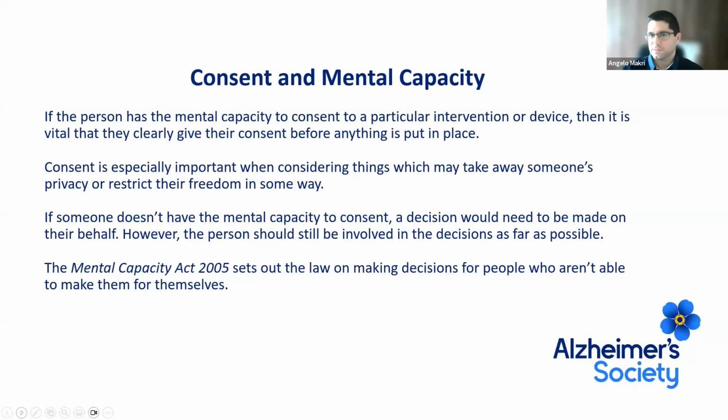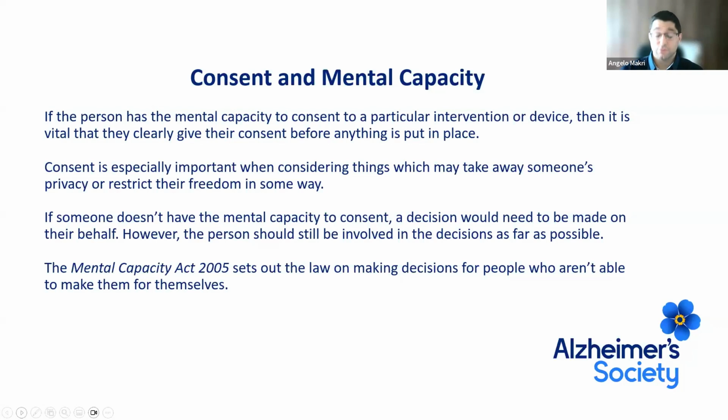So that could be things like movement sensors in the home. It could be things like GPS devices that the person wears and essentially can be tracked wherever they go. All of those things, it's really, really important. If they've got mental capacity, they have to really understand what it means to use those things, and they have to give their consent.